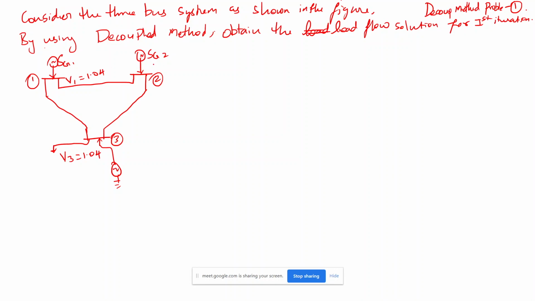Okay, so these are all the data they are given, and also they have provided the table column. So it is bus, PD and then QD, and this is PG and this is QG, and this is nothing but voltage specification, and this is for bus 1, bus 2 and bus 3.